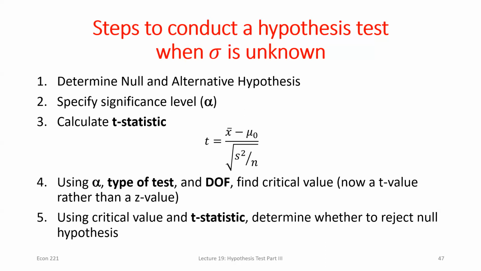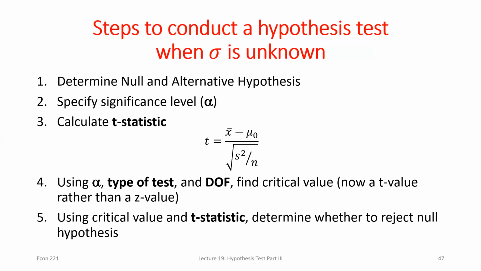But once I plug the values in, these will look no different. Because I'm only using a sample variance, just like with confidence intervals, I need to use the student t distribution. How do I figure out which student t distribution I'm using? The degrees of freedom, which is just n-1. So the same rules apply as we did for confidence intervals.